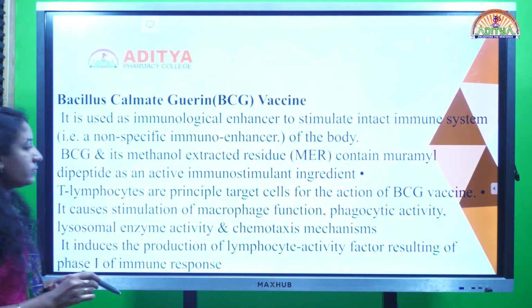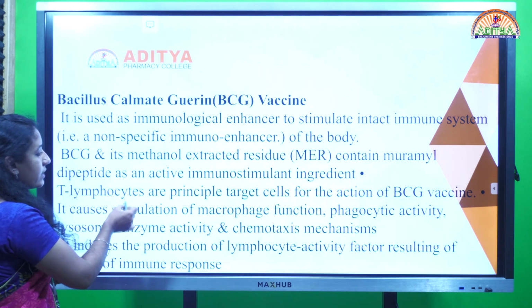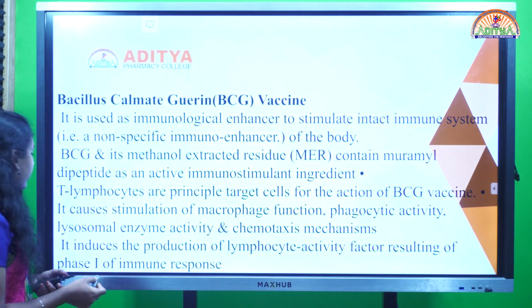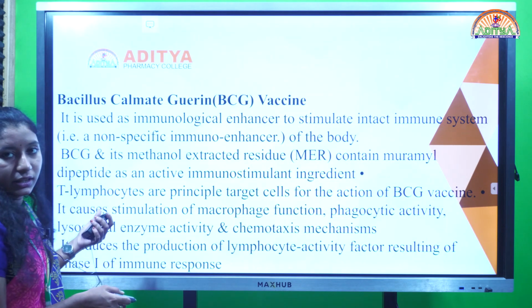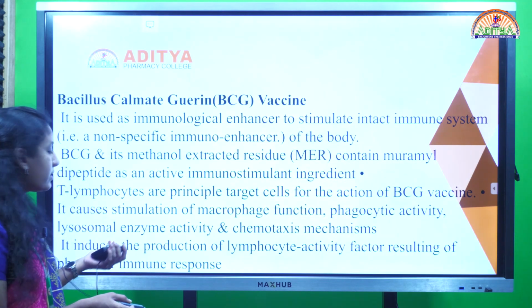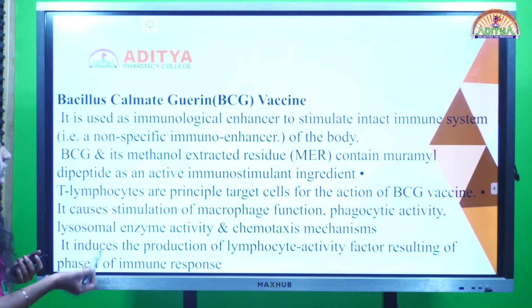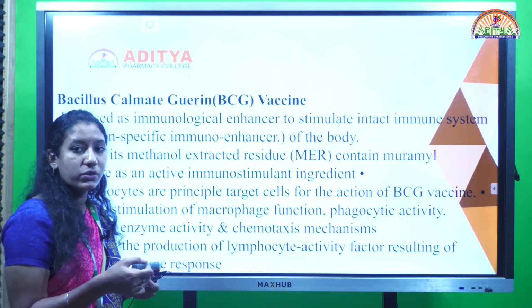And for these BCG vaccines, the T cells, the T lymphocytes, are the target cells. Coming to the activities, this BCG vaccine also induces the production of lymphocytes, and it can produce various immune responses.